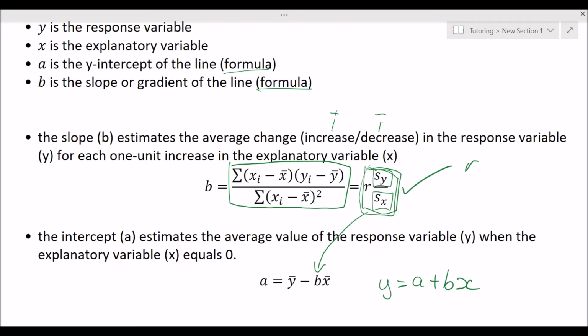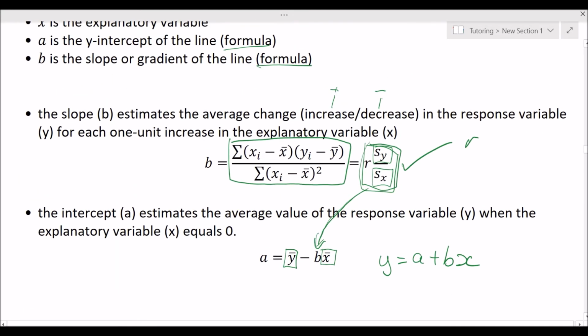Once you've got your slope, you can substitute that in. The other information you need is the mean of the x variable, the explanatory variable. You also need the mean of the y variable, or the response variable. Once you have all of that information, you can substitute that in and get your y-intercept, which is a.